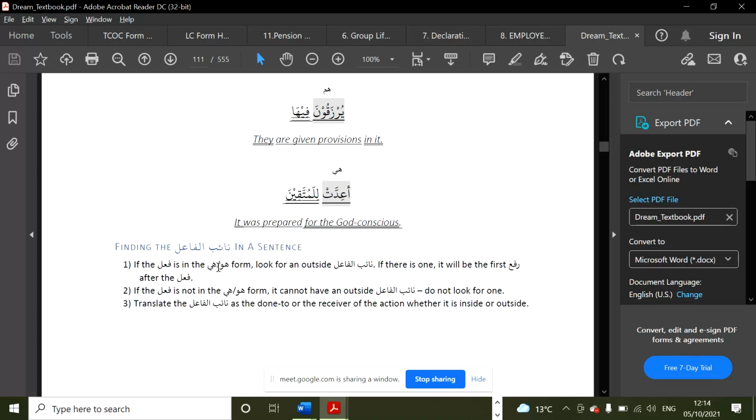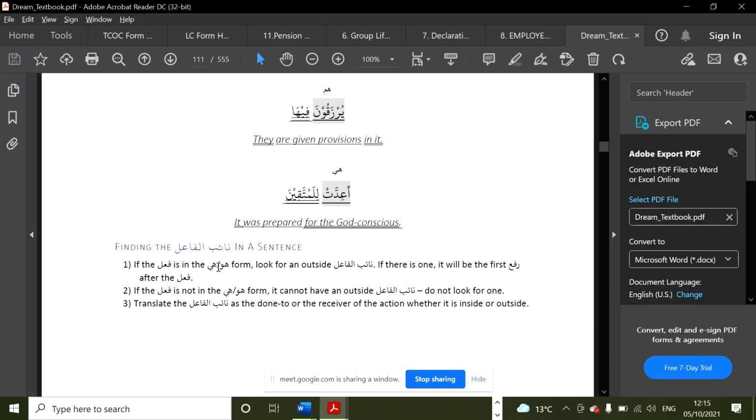And since it is in hum form, do we look for the outside doer? If we look for the outside doer, what do we have after it? Fiha. Fi is in, and ha is her or it, so in it. Do we not have an outside doer here?